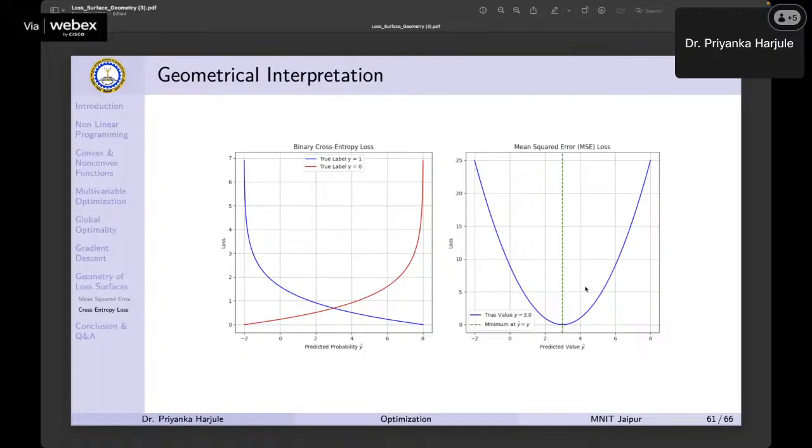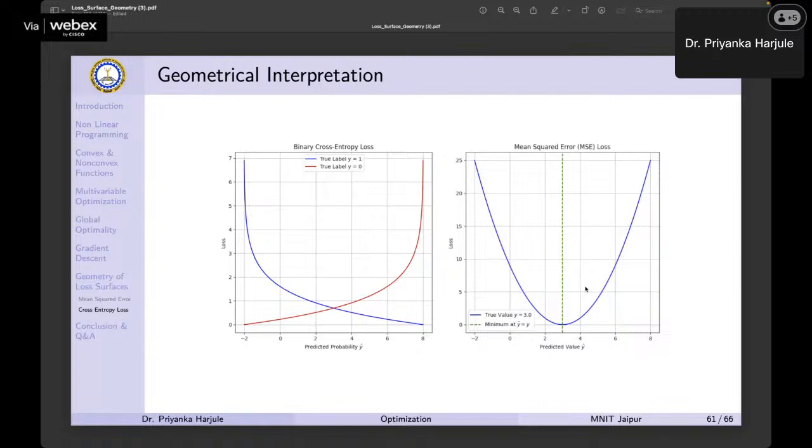Whereas if you use the binary cross entropy loss in the logistic regression setup, the loss function is convex. So the binary cross entropy loss is both convex and non-convex depending on the setup in which it is used.